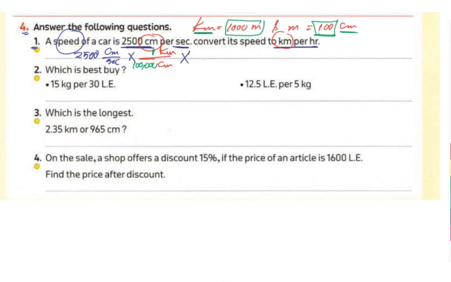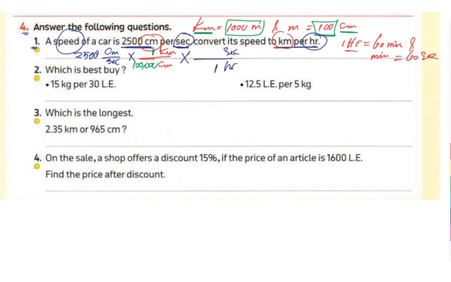That's the first conversion factor from centimeter to kilometer. Time is what? Second is down, second, make it up. And to what? Second to hour. I need here hour, just 1 hour. 1 hour equals how many seconds? Let's see. I know that 1 hour equals 60 minutes and 1 minute equals 60 seconds.